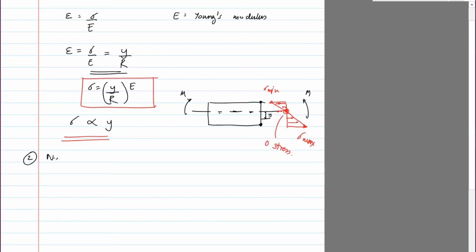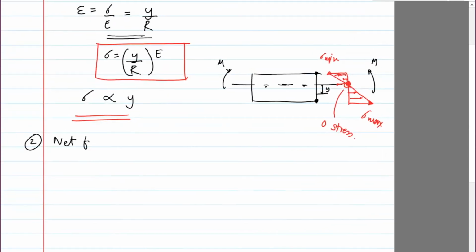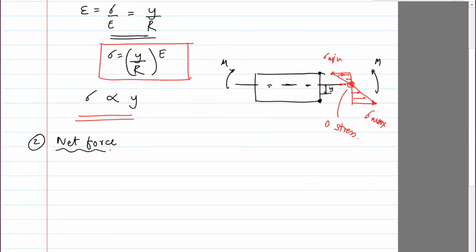So what I'm going to do is derive an expression for the net force in the same beam, which is subject to a bending moment. So if you have the beam, which is now bent, and this cross section is like so.